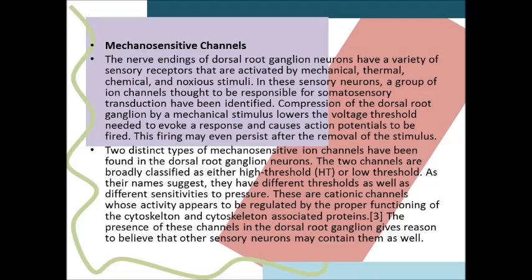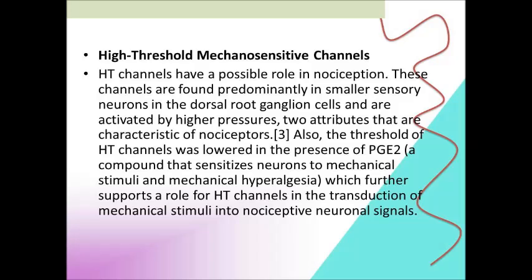These are cationic channels whose activity appears to be regulated by the proper functioning of the cytoskeleton and cytoskeleton-associated proteins. The presence of these channels in the dorsal root ganglion gives reason to believe that other sensory neurons may contain them as well.